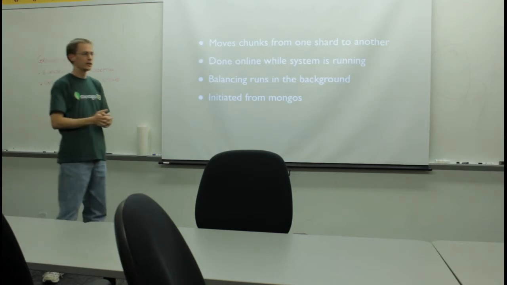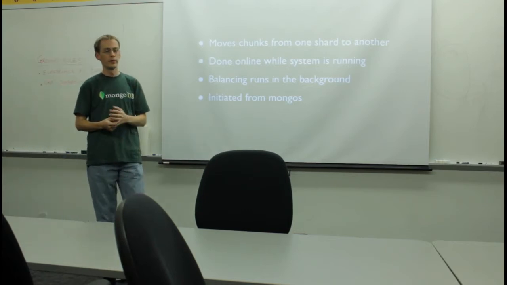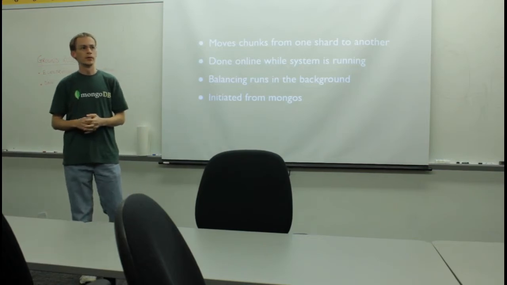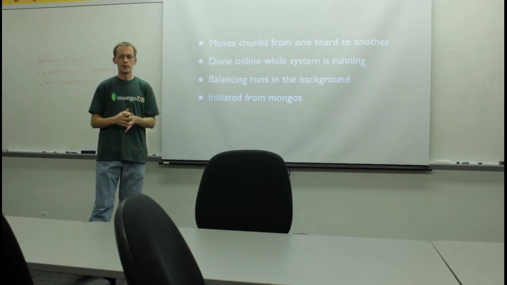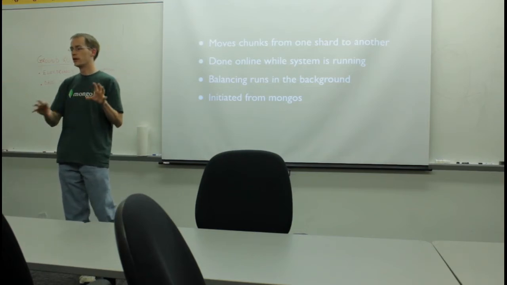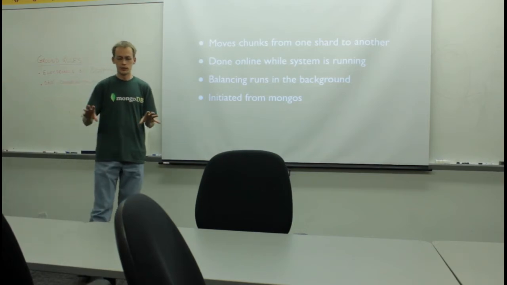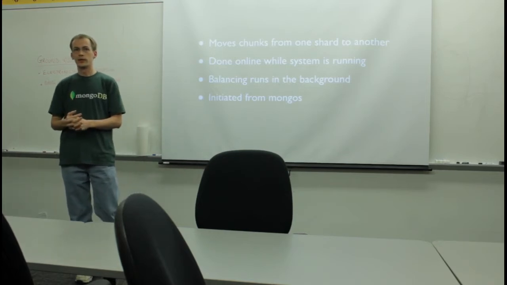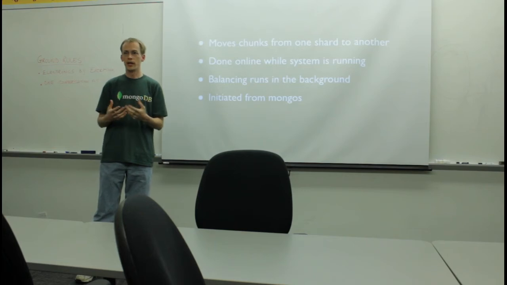Now I think in version 2.0 they improved the balancer, or maybe they were talking about doing it in 2.2. I don't remember. Before, in older versions, it only took into account data size, so that it would balance the size across the two shards. I believe now they actually take into account how busy or how hot a shard is.